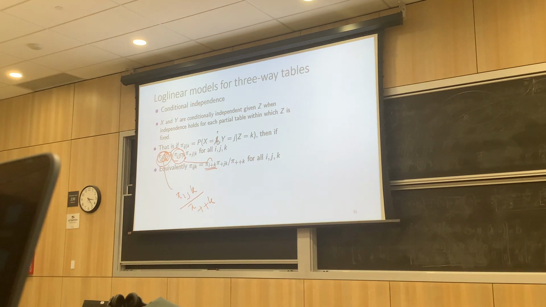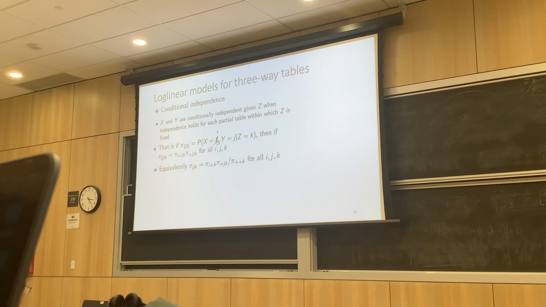That means this one divided by this one, that is pi plus k, and this one is this one, plus jk divided by the marginal distribution for this one. And then with the cancellation on this side, we have pi on this side, it turns out to be just this. And we have two of them, but one of them on that side as well.